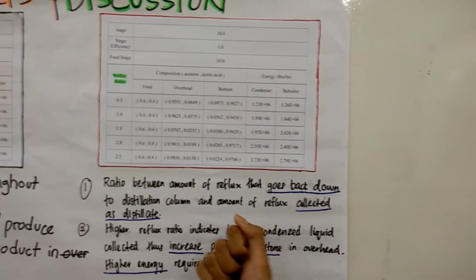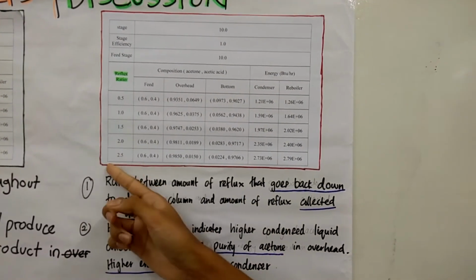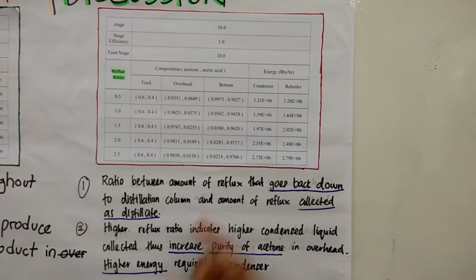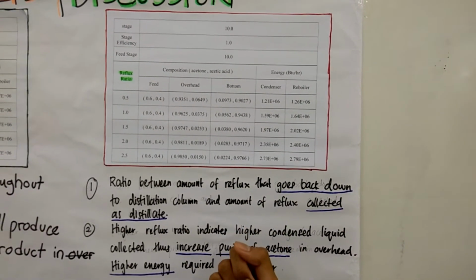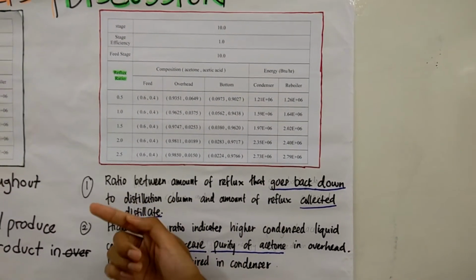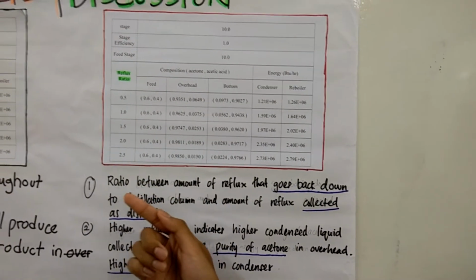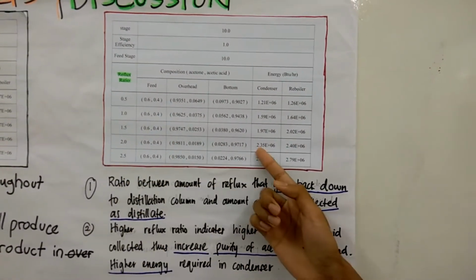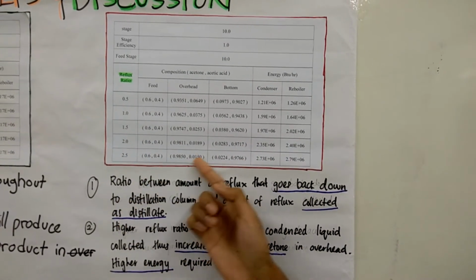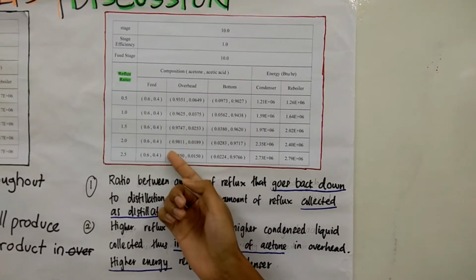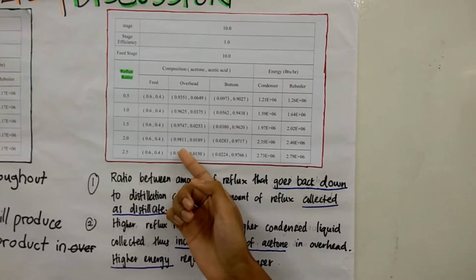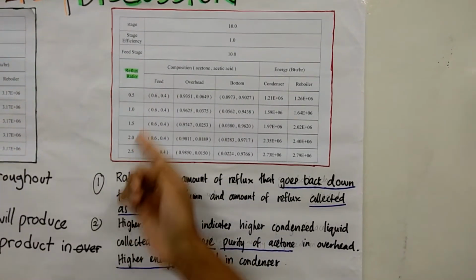So we maintain the volume in the distillation column and collect the data longer, and the time taken will also be longer. So we will obtain the highest composition or highest purity of acetone compared with the other reflux ratios. Thank you.